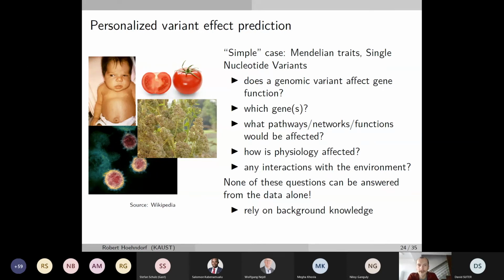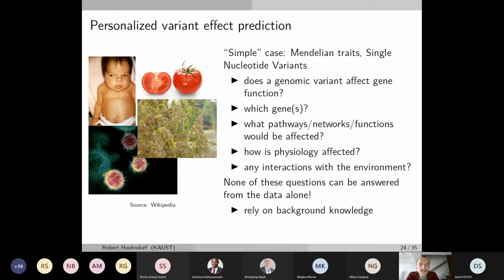We need to identify what the functions of this gene are. From there we can aim to predict what pathways, networks, and organismal functions would be affected. Then how is the physiology of this individual affected, and are there any particular interactions with the environment which would be affected by this variant.